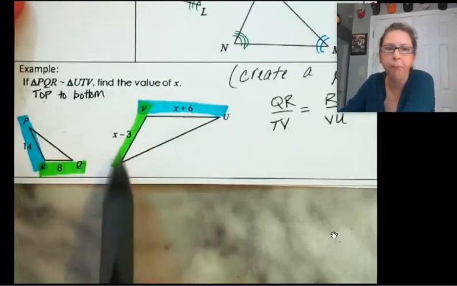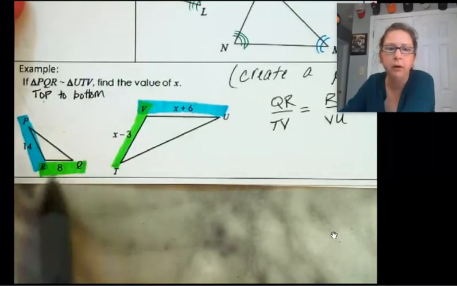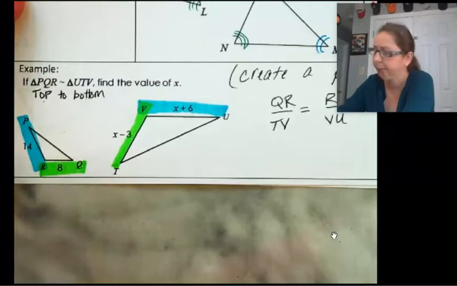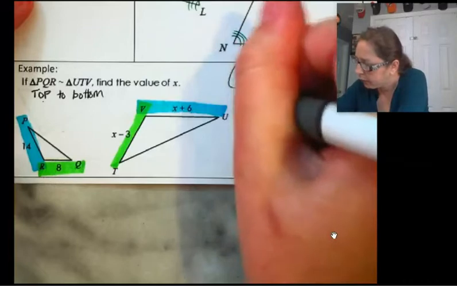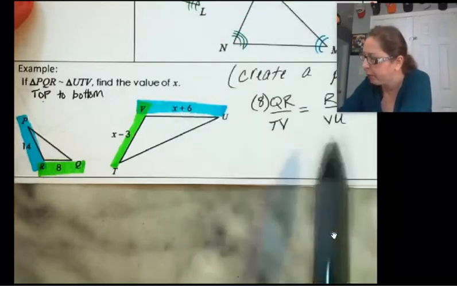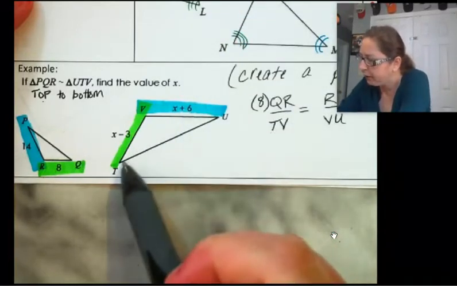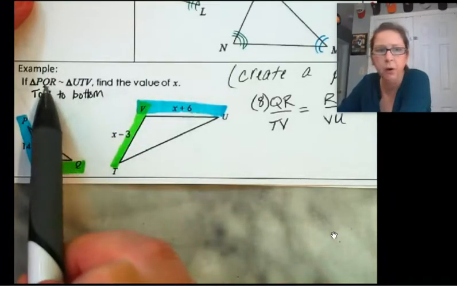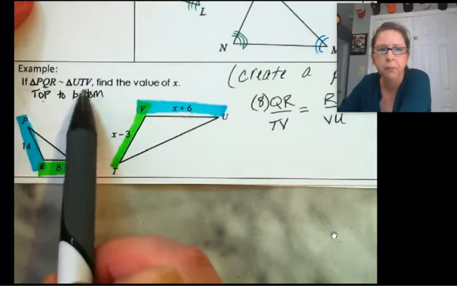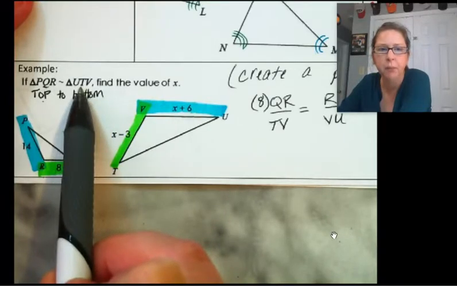Okay, so QR is 8. TV, how do I know T and V? Well, Q and R are next to each other here. T and V are next to each other in the same locations in the other statement.